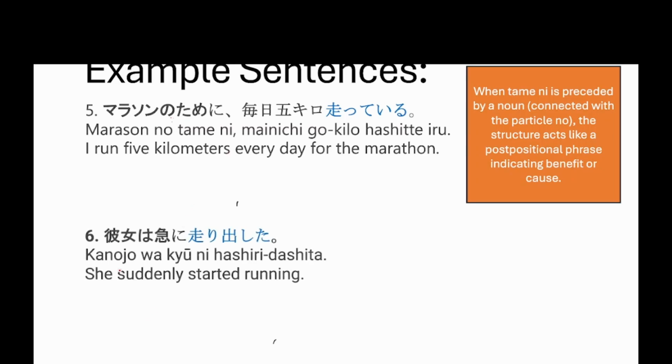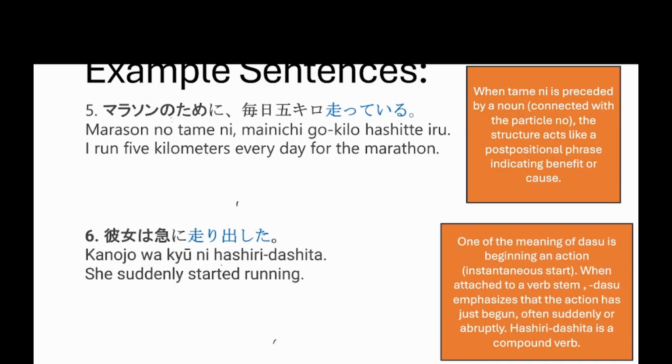Okay, the next sentence is Kanojo wa kyu ni hashiri dashita. She suddenly started running. Hashiri dashita here is a compound verb. It's a combination of the verb stem hashiri, which is run, and the past tense of the verb das.